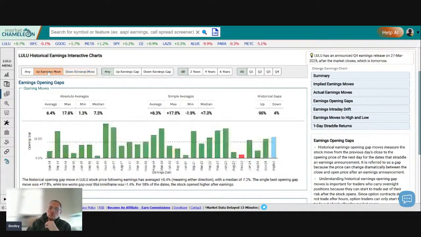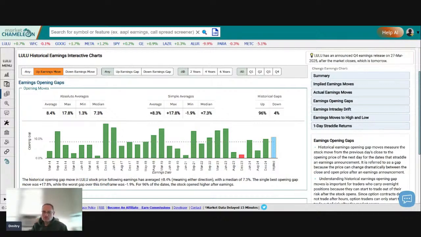As far as up moves, there was 4% where we finished up on the day, but the opening gap was down. Okay, so that just gives us a sense of how many times the stock actually reversed from the opening direction and finished in the opposite direction on the day, right?